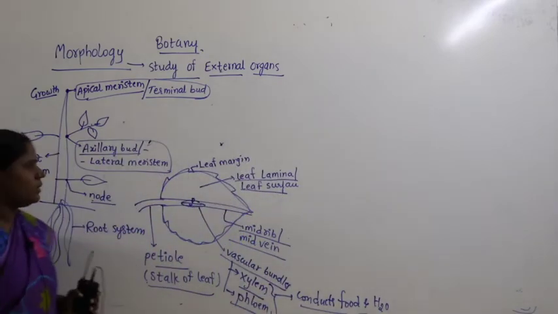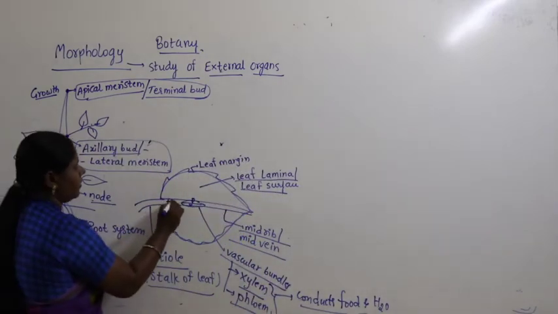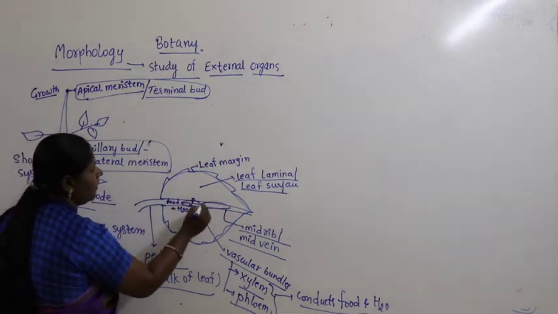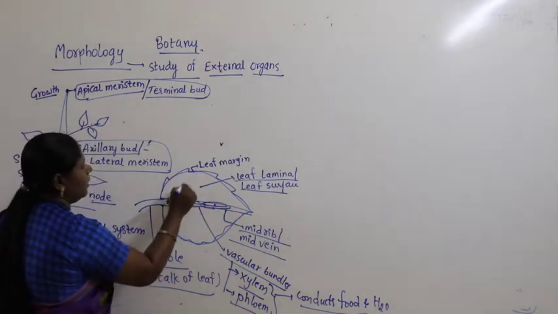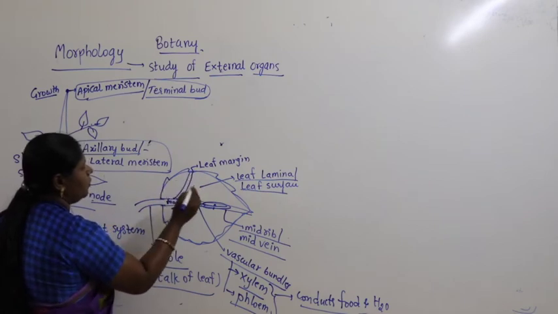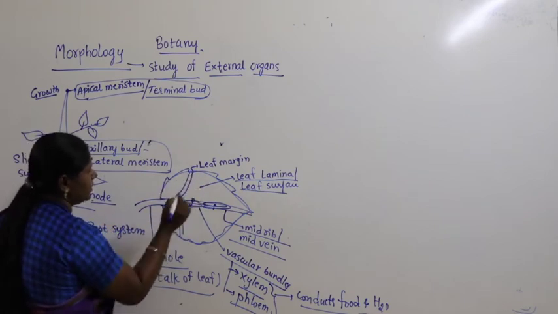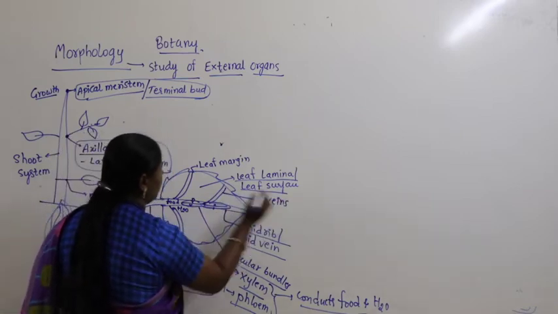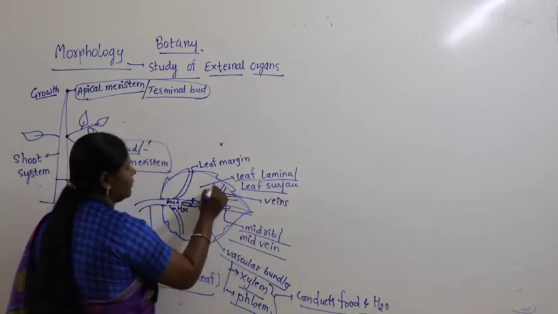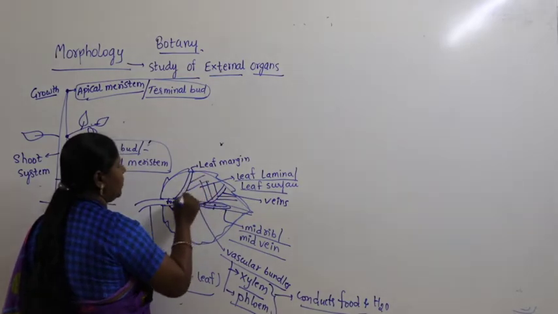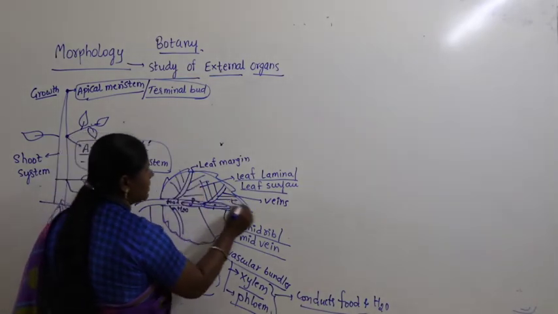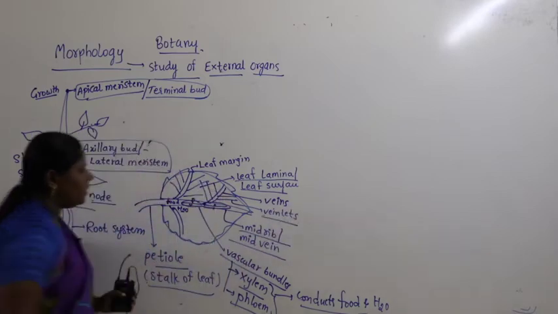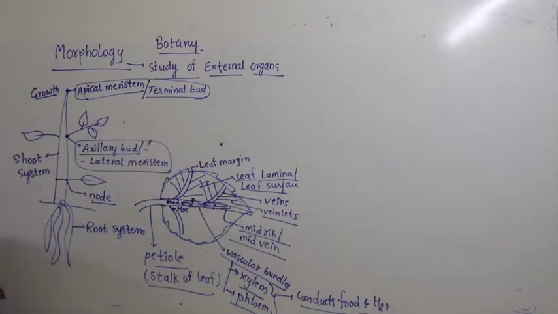They carry the food and they carry the water through the midvein. They will be supplied to the leaf cells through what are called veins. So these are called veins. Veins are supplied to the mesophyll cells with the arrangement called veinlets. Right? Until here we have discussed.